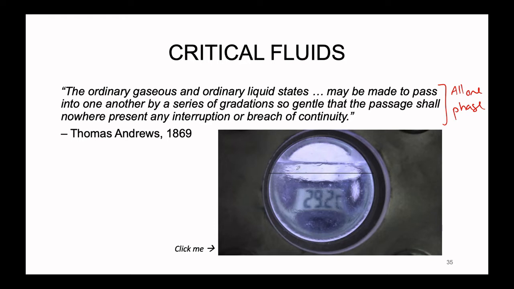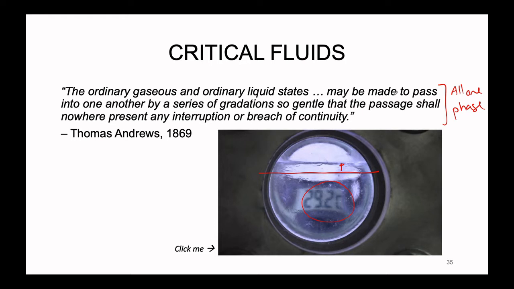And we can see in this illustration here a liquid that is turning into a critical fluid. So this line that we can see being drawn horizontally across here is where the liquid was originally poured up to. And in the background, we can see the temperature, which is 29.2 degrees Celsius. So what is happening here is that we are varying the pressure, and as a result, we can see that the volume of the liquid appears to be increasing a little bit.